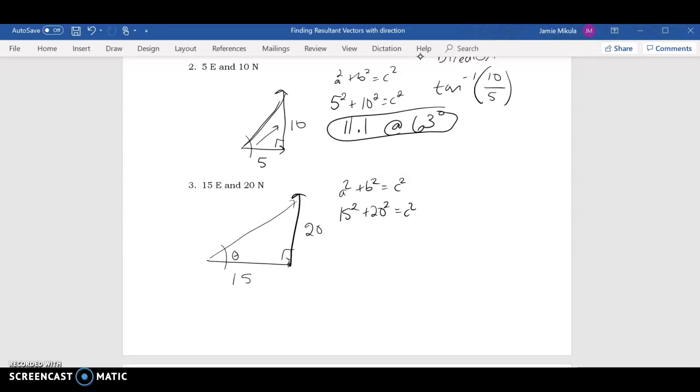Take the square root, so you get the square root of 625 is 25. And then to find the direction, you do the tan to the negative 1 of the opposite over the adjacent, so 20 over 15. Okay, and you get 53 degrees. So it will be 25 at 53 degrees.